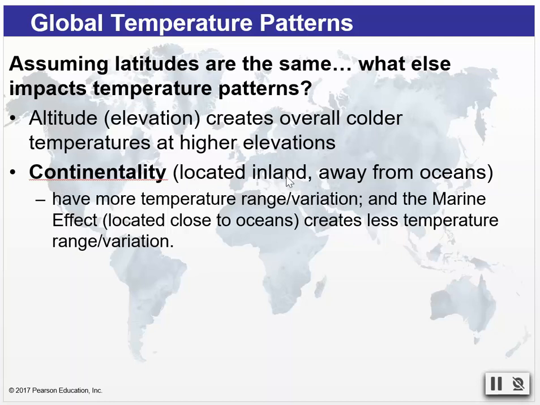If something is located inland, far away from an ocean or a large body of water, the temperatures are also going to fluctuate more extremely. So there's a higher range or variation in temperature, and the marine effect, the impact on your temperature because you are located close to an ocean, is going to have a less intense range or less variation in temperature.